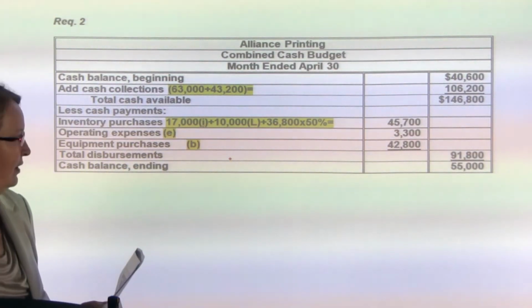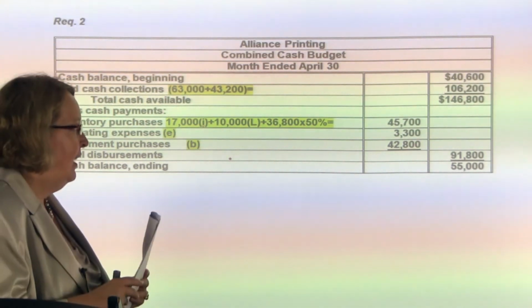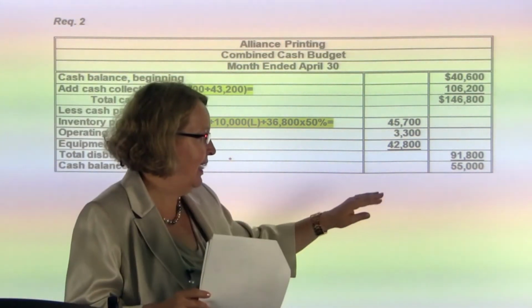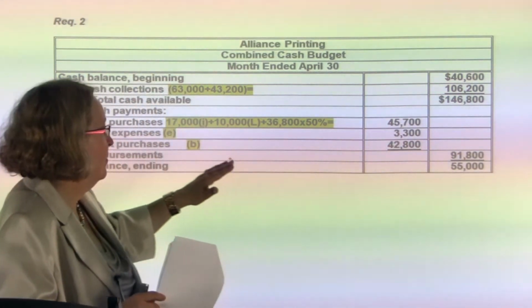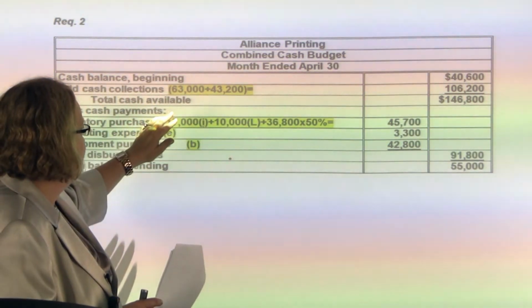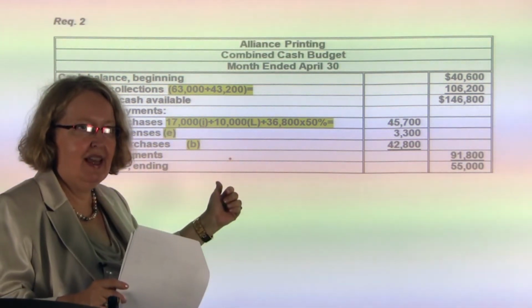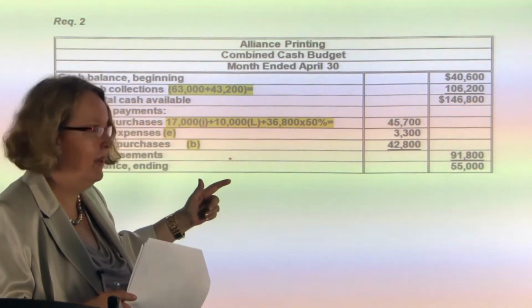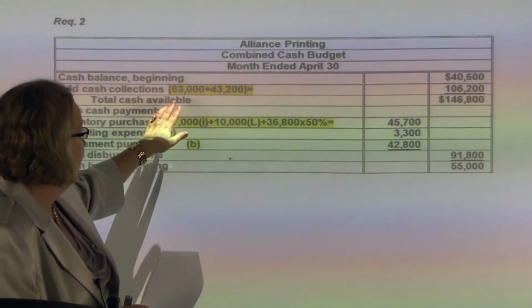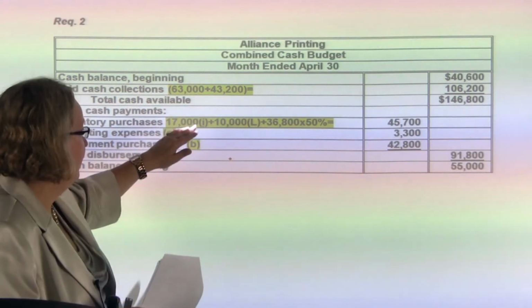All you're doing here is really providing a summary of how we got to the cash at the end of the period. So we start off with 40,600. Cash collections, what you collected for prior period sales plus what you collected for current month sales, your 63,000, your 43,200, 106,000 total cash available.